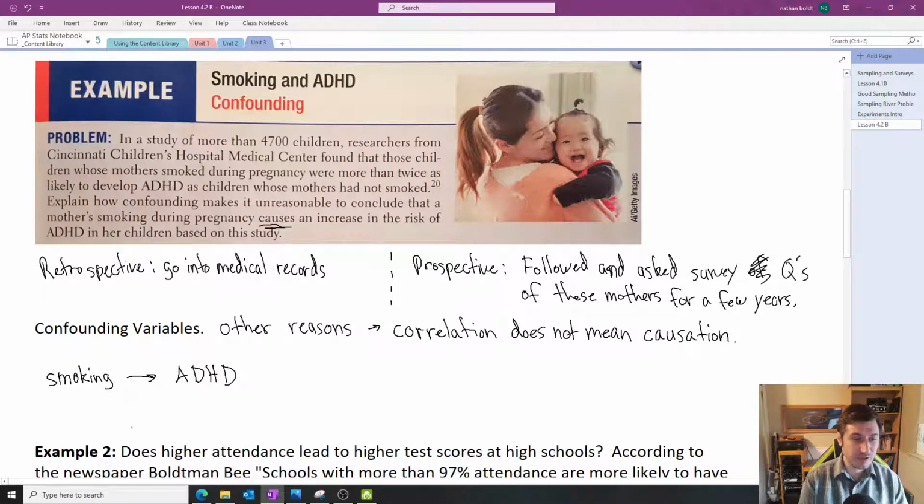What could another variable be besides smoking that could relate the smoking and the ADHD? So we're going to kind of go this way and then back to this way. And what is another variable? And so one that the book had for this as well, maybe it is a poor diet.